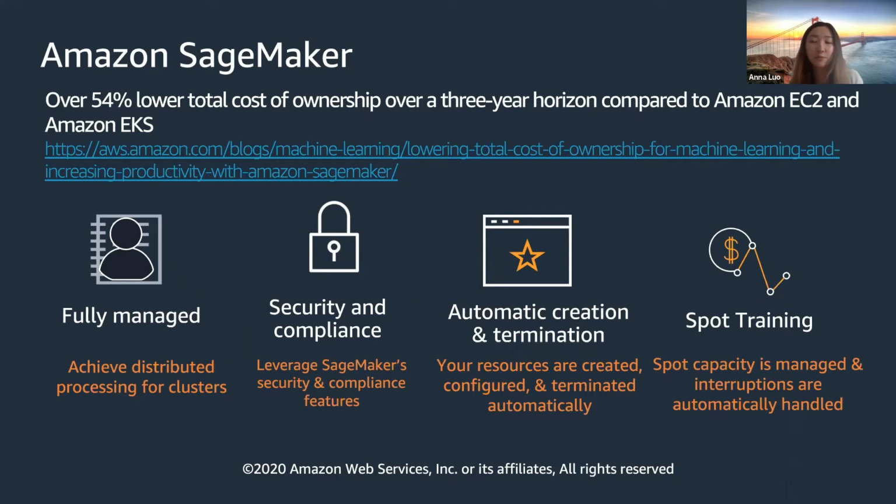You don't need to build, manage, or maintain any infrastructure or tooling to support RL. Amazon SageMaker also runs your model on auto-scaling clusters that are spread across multiple availability zones. SageMaker has built-in security and compliance for machine learning workloads, so you don't need to invest in additional security.